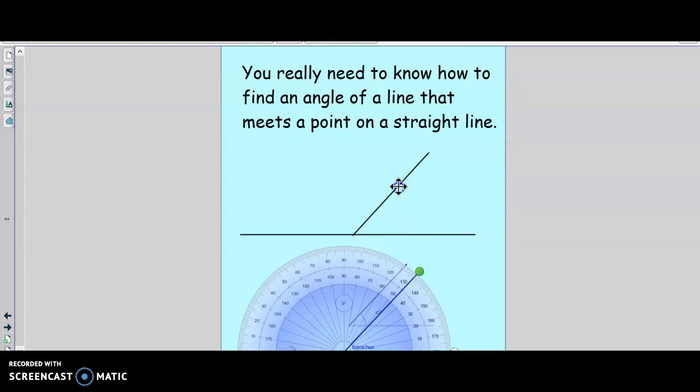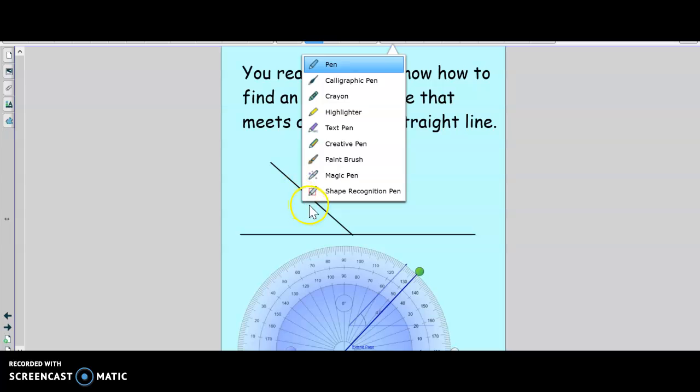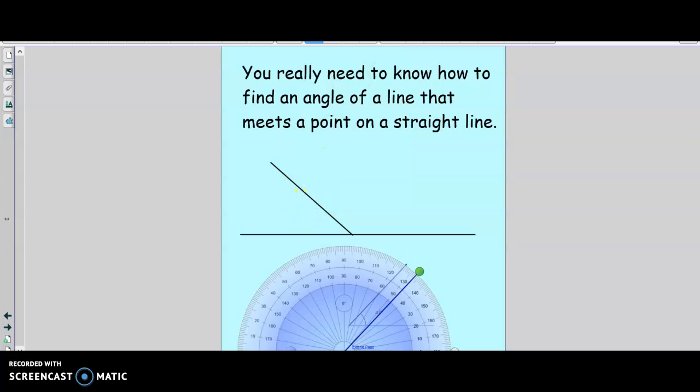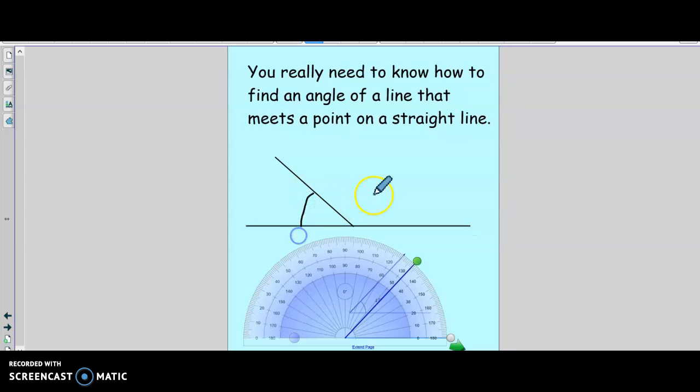Okay, so let's just say that I'm going to get rid of that, and I'm going to measure an angle from the other side. Now, this angle here, I'll draw my curved line to show that I'm going to measure this angle.